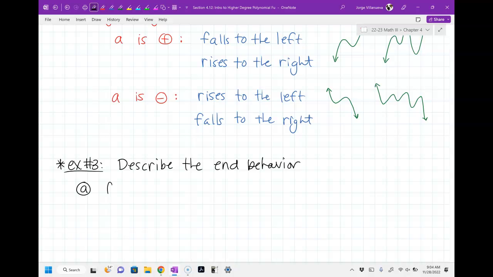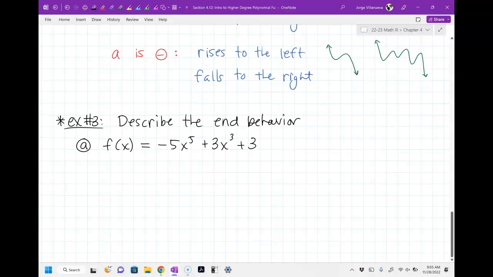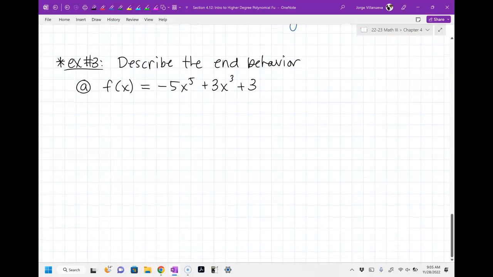So part A, here's a function. Like I said, this is coming right from your homework here. So I'm going to need your help with this because I don't have the list available up there to show you as we do this. So you're going to have to look at your list.